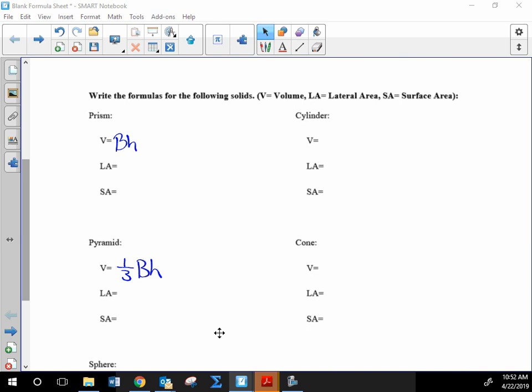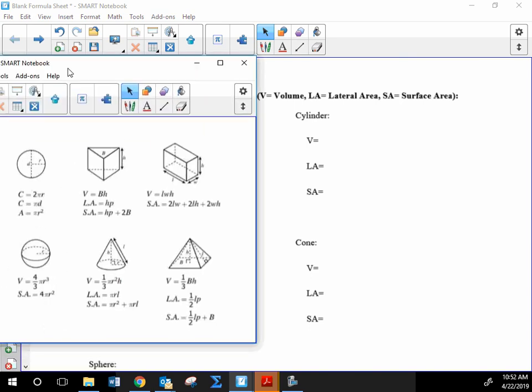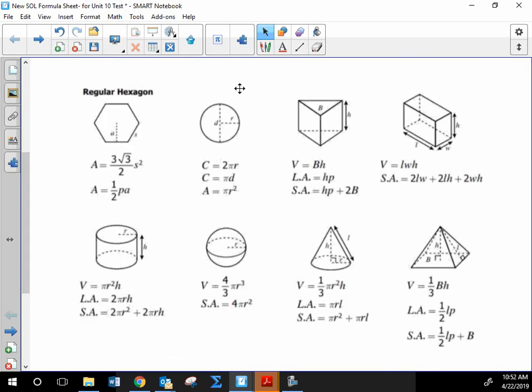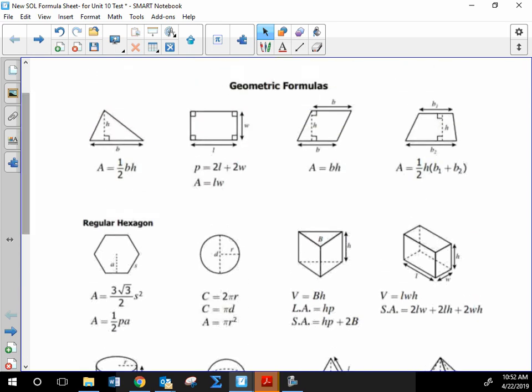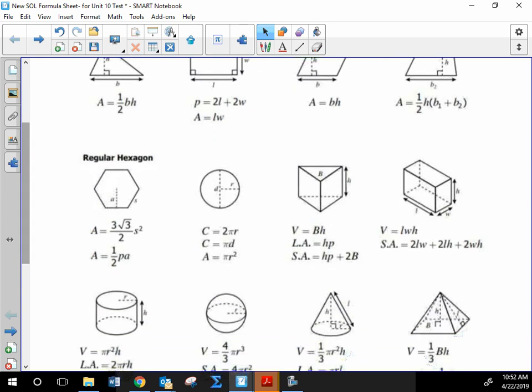Okay, our formula sheet, sorry, I pulled it up on my screen, but not on yours. The couple of changes that they made this year is that they gave the formula for area of a regular hexagon. What? Yeah, so we have the formula for any regular polygon, which is what? 1/2 half.